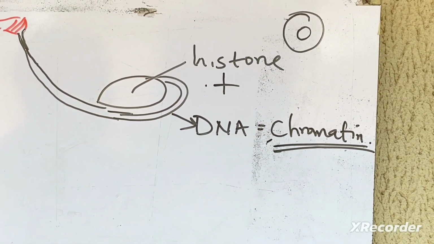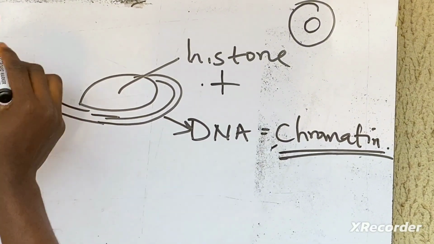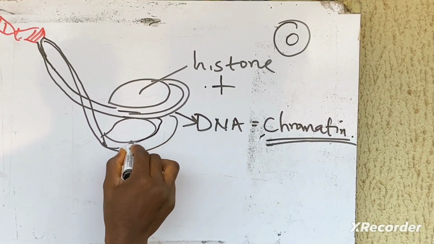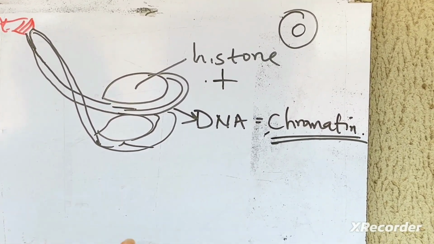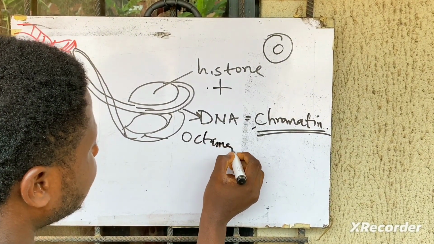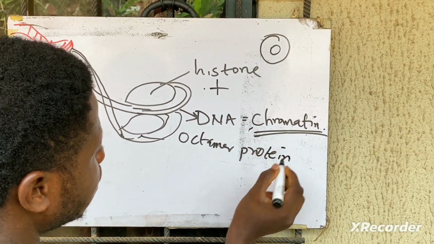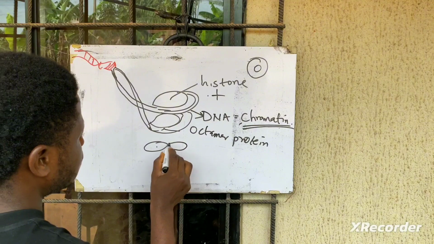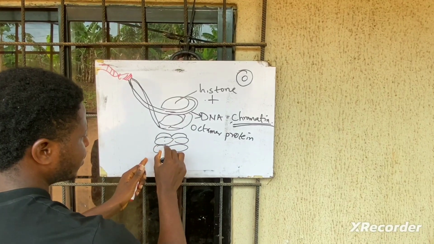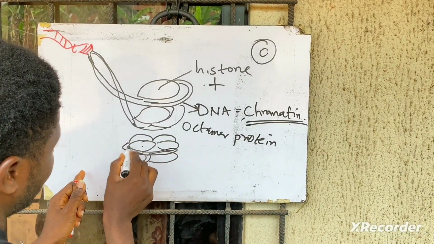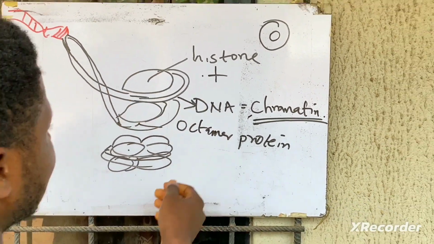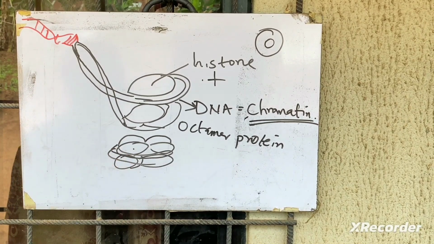Then let's talk about the next step before we reach the chromosome. After this binding, it binds to other histone proteins, four different histone proteins on one side, and the other four on the other side of the DNA, to give the octamer protein form.